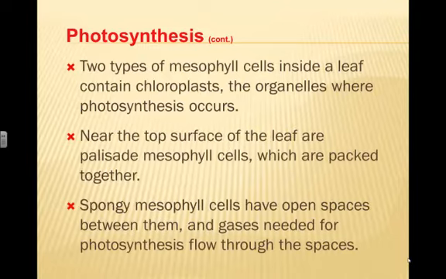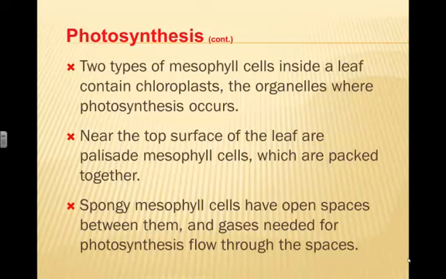When we learn about the leaf of the plant, the majority of the leaf is the mesophyll. And the palisade mesophyll and the spongy. And which one had most of the photosynthesis occurring in? The palisade mesophyll.